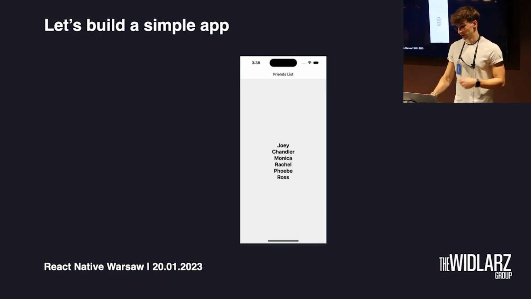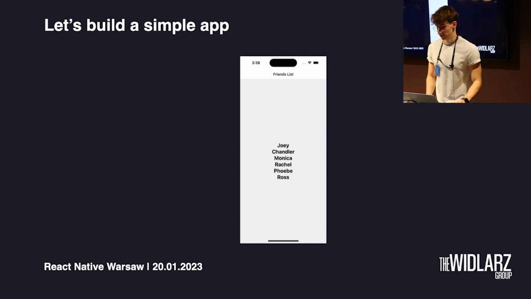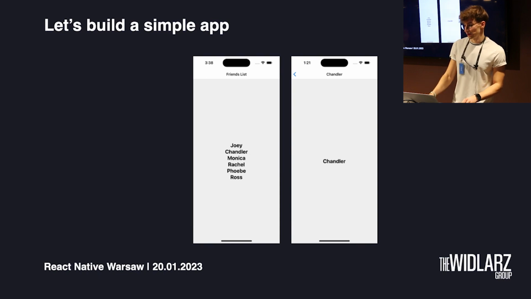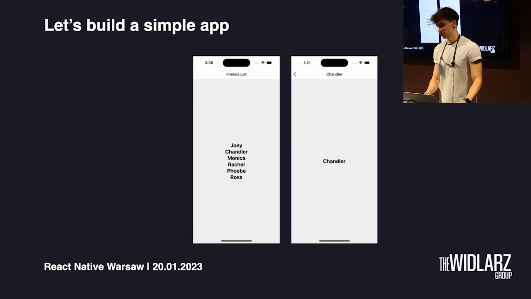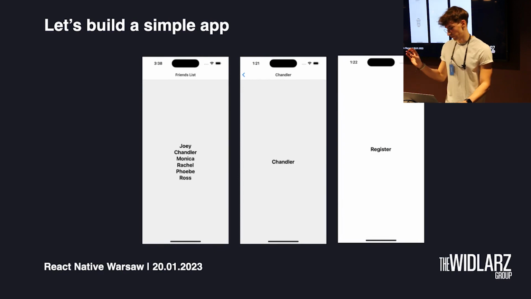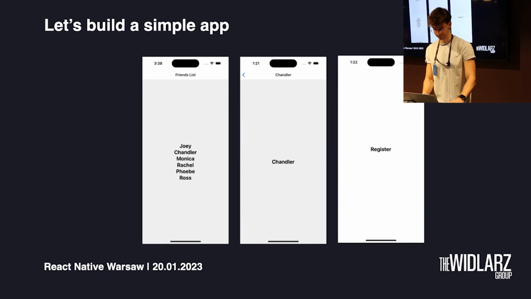Whenever you press a friend, you should be redirected to a friend's details page, which is going to look like that. And all this is going to be available only for the authorized users. So if the user is logged out, we will show him or her a registration flow, which in our case will be just an empty screen with one word inside it.